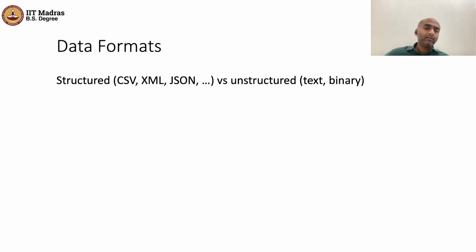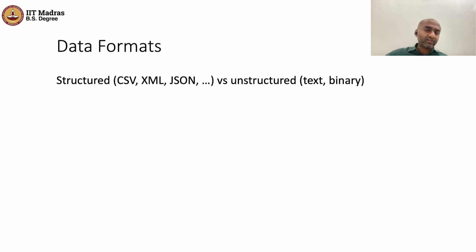At least that's how the definitions were initially thought about between structured and unstructured. The example of an unstructured dataset would be something that is free-form text, like spoken language or written language, or binary datasets like videos and images and audio clips, right?